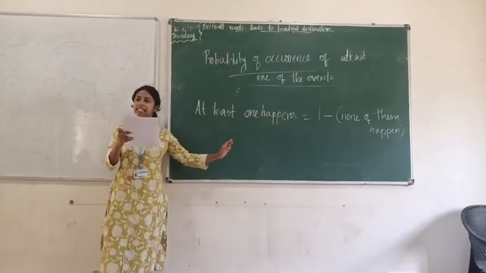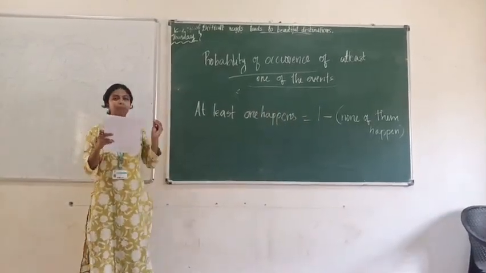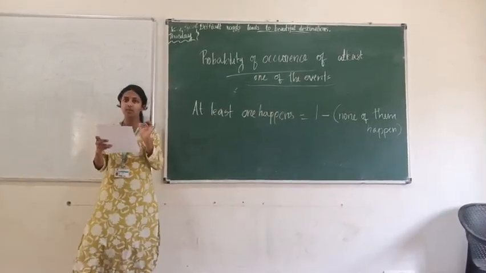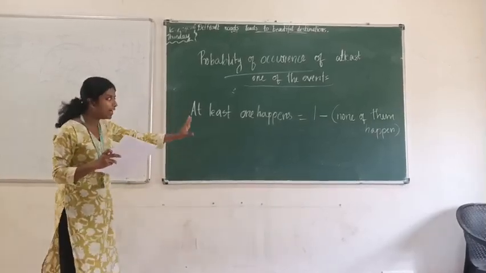So this is the basic idea of the probability of occurrence of at least one of the events. That is, at least one happens.